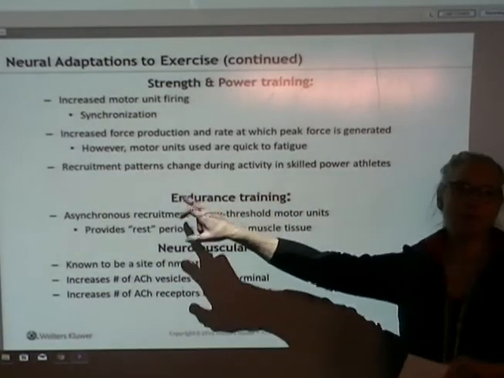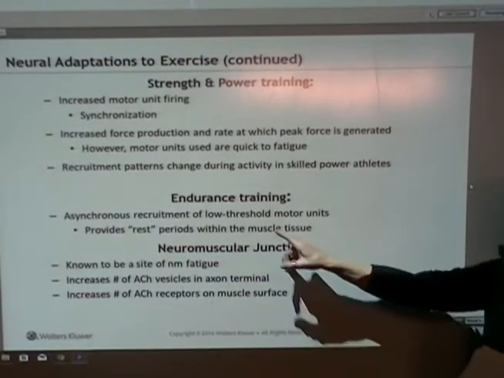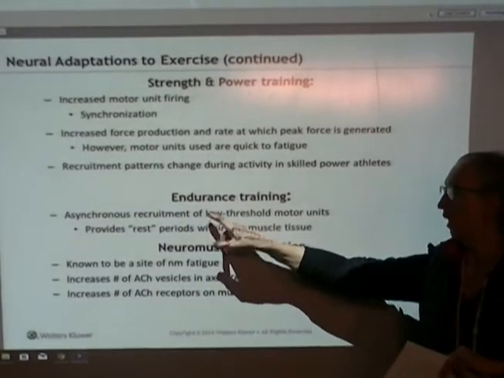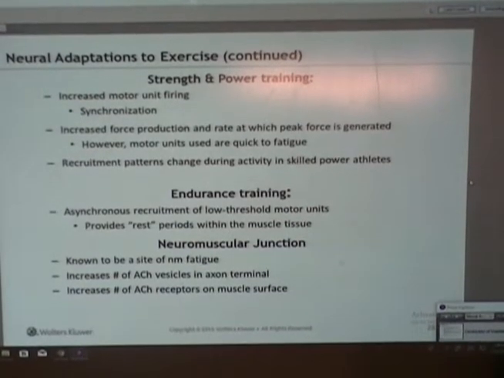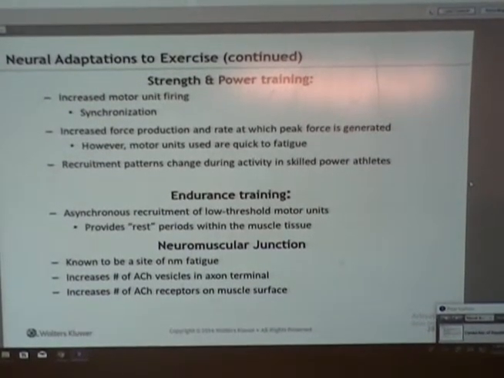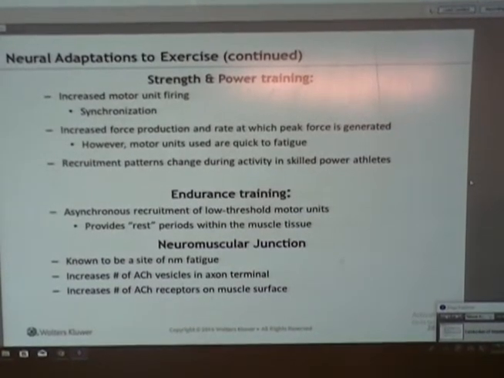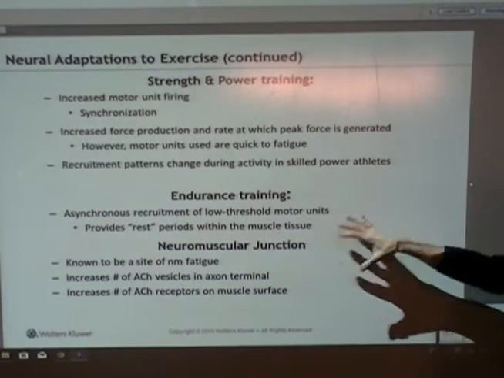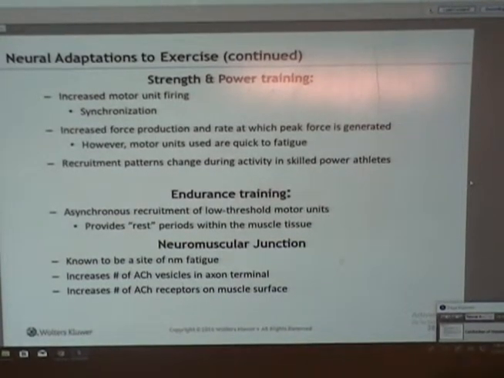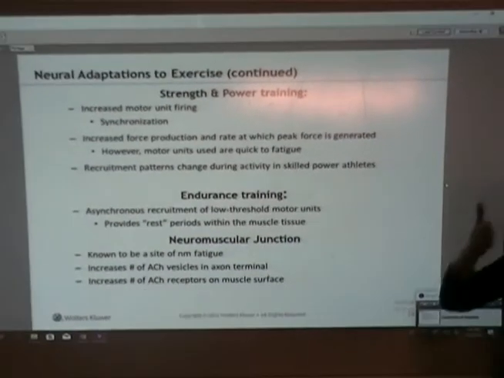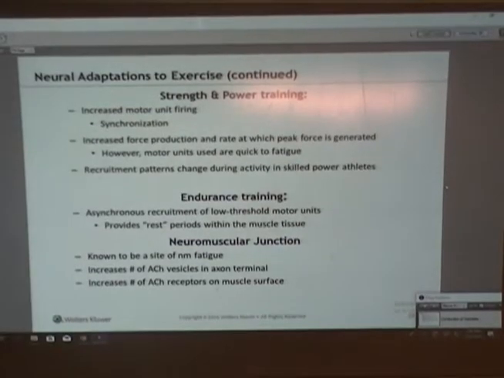If, however, I'm doing endurance training, we see a different picture, okay? Because now what we want is that muscle to be able to keep contracting for 3 or 4 hours without stopping. So I don't want to turn on all my type 1 fibers at the same time, because I need them all to be able to keep going for a long time.